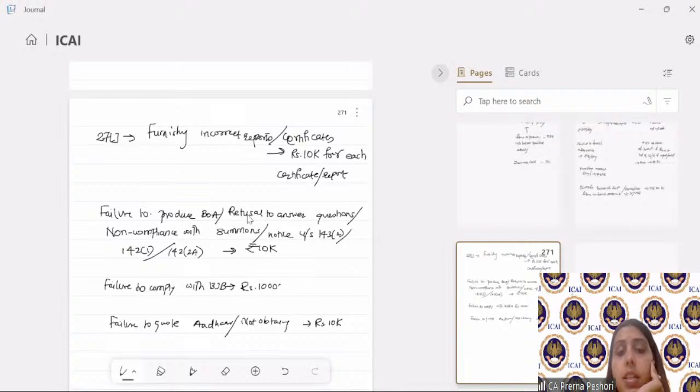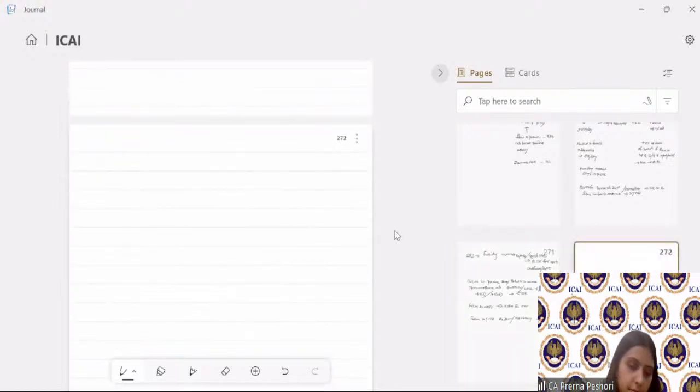So one more thing is the immunity from the penalties. Now, what are the immunities from the penalty and prosecution? Now, there is this section 270AA.